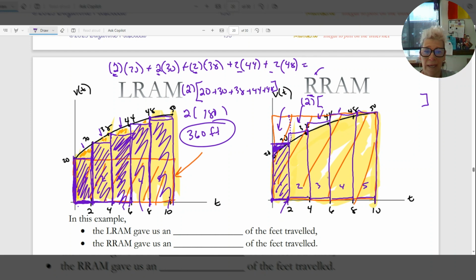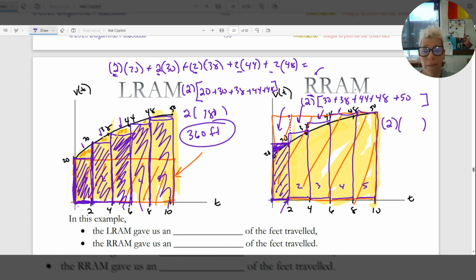Each of these 5 rectangles has a width of 2, but this time we're adding the right-hand sides. So that 20 is not going to get added in. We're starting at 30, which is the right of the first interval. Then we have 38, which is the right of the second interval. Then we have 44, 48, and 50. 1, 2, 3, 4, 5 rectangles.